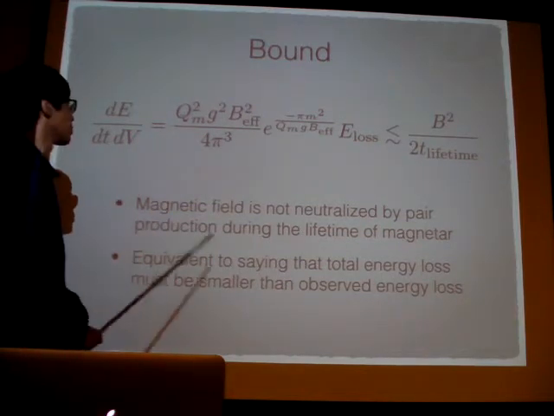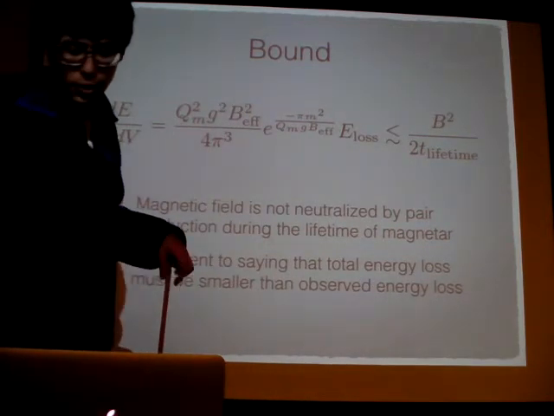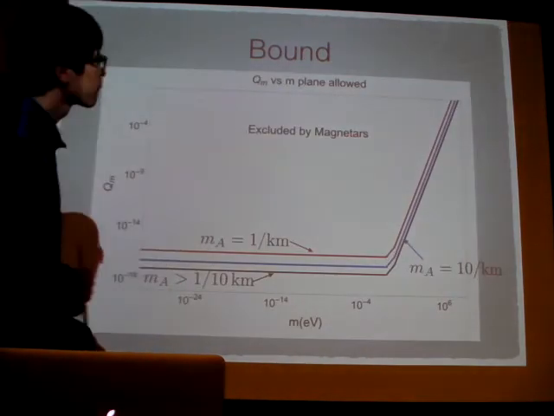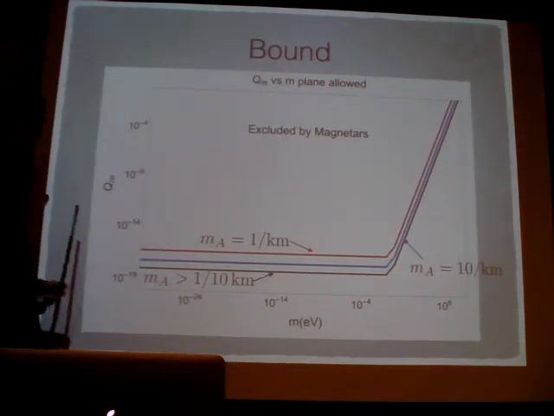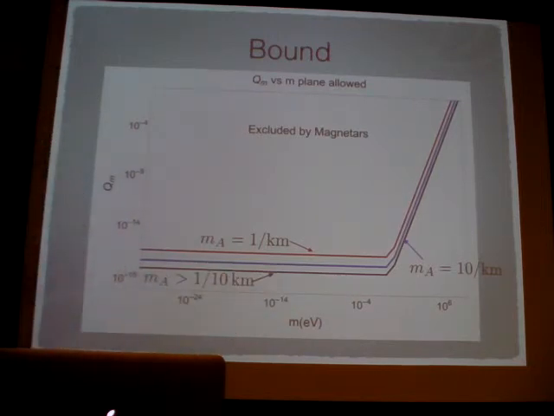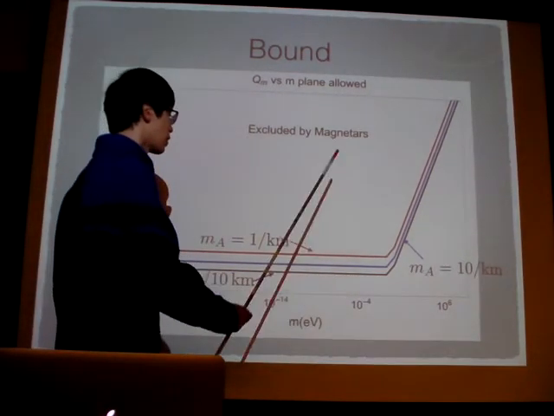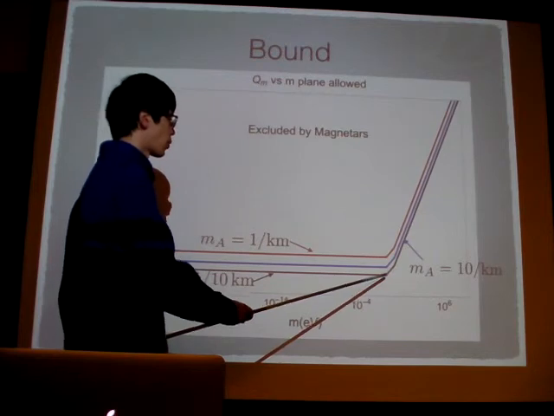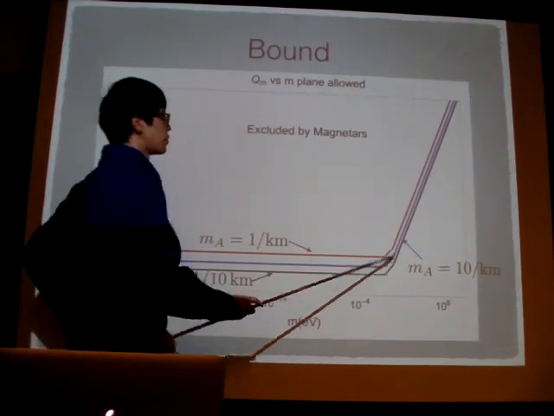And so, of course, what you can do is then just make a plot. Essentially, what happens is the bounds cap off at around 10 to the minus 18, and at masses around 10 to the minus 3 of eV, they start growing up.